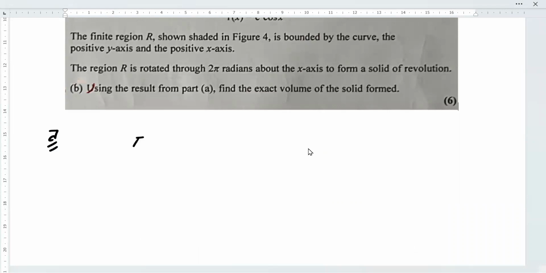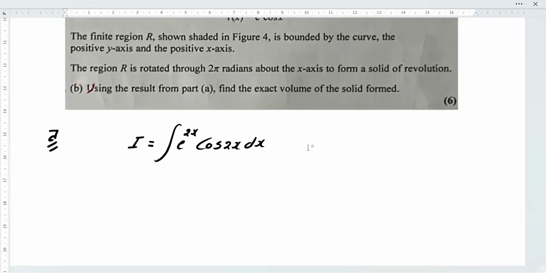We need to calculate the integral of e power 2x cosine 2x dx. In integration by parts, you have to think about which one is u and which one is dv by dx. U should be a function like ln x or x squared or whatever.